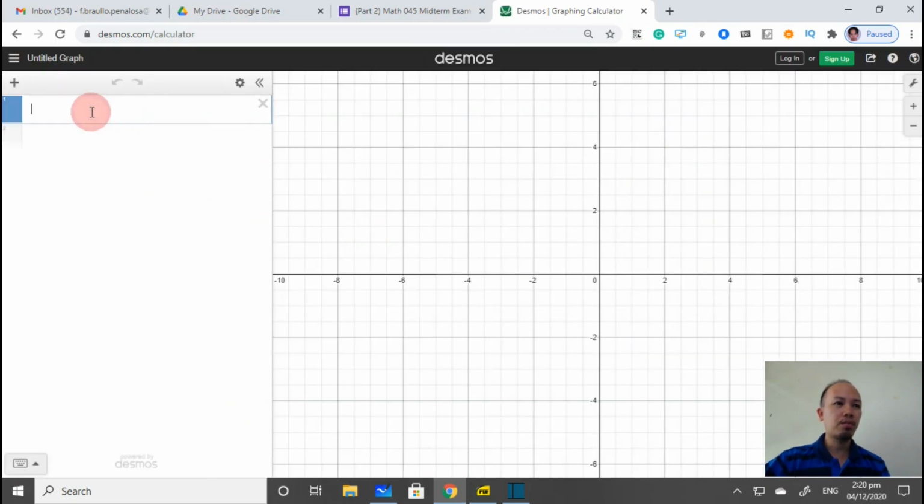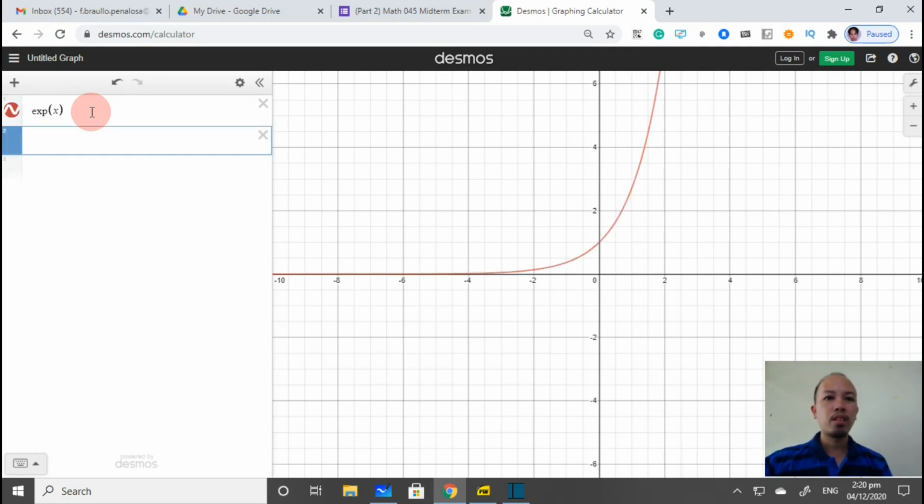Let's graph the function e to the x, so exp to the power of x. That one, the red one, is our e to the x.